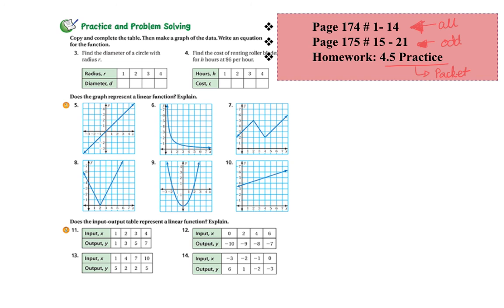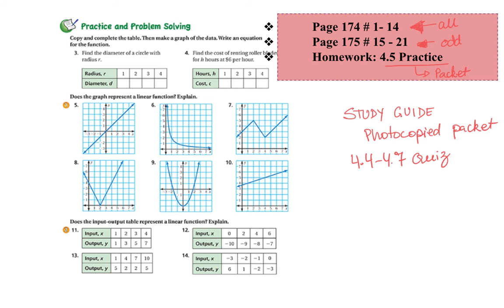The other thing that I wanted to talk about that we talked about in class was the study guide. The study guide is actually included in the photocopied packet that you have. If you go towards the end of the photocopied packet, you'll notice that there is a page that says 4.4 to 4.7 or something like that quiz.